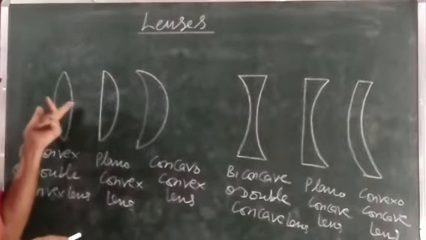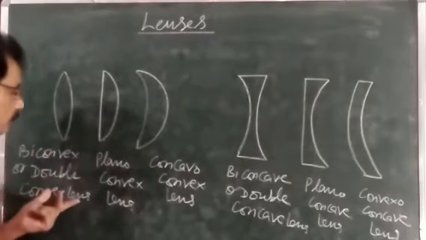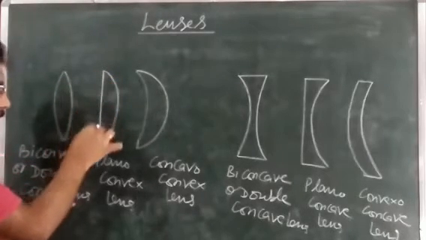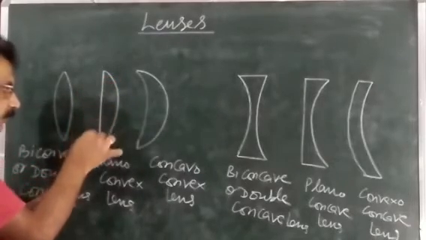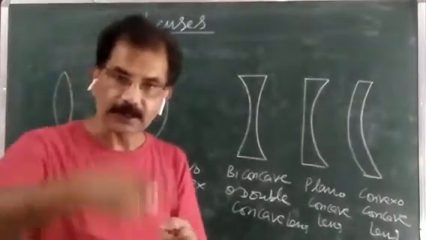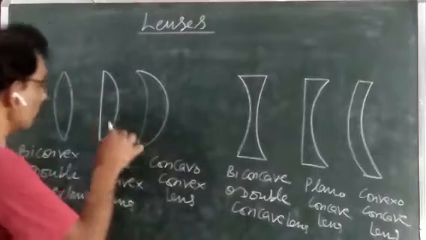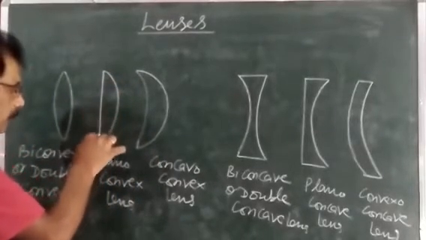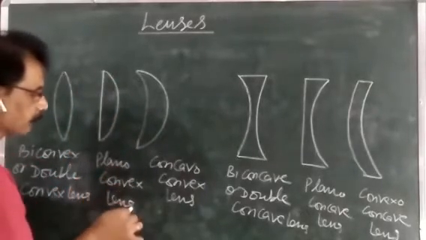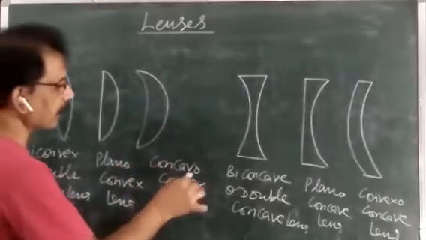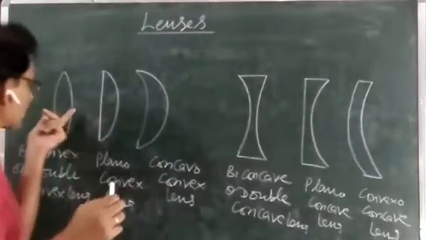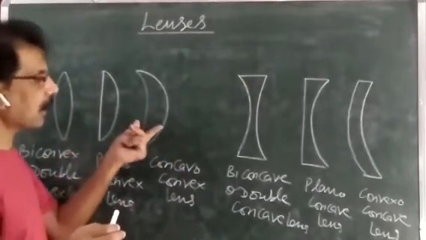If one surface or one face is plane, and remember this, for a plane surface its radius of curvature is infinite, then plano-convex means one surface is plane and the other is convex. This surface is plane. This one is called plano-convex lens, and this one is called concavo-convex lens. So these are the different types of convex lens: biconvex or double convex, plano-convex, concavo-convex.